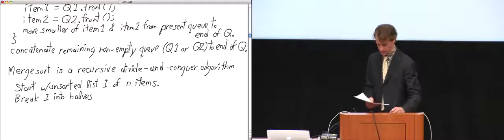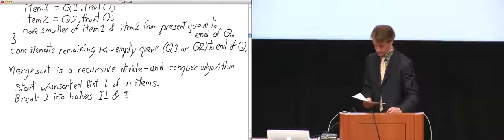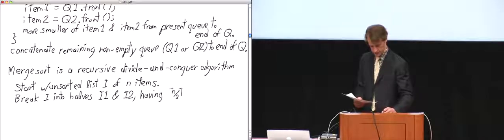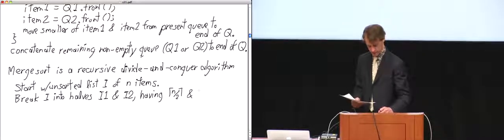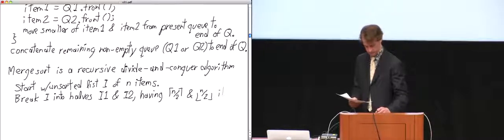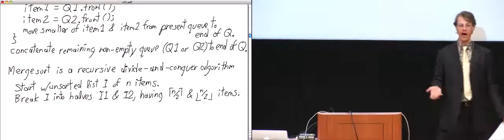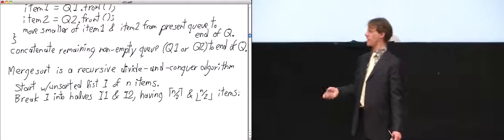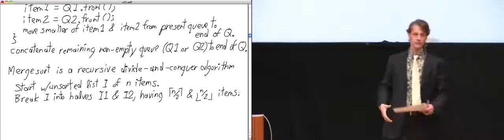We're just going to take the first half of the items and call them I1. We'll take the second half of the items and call them I2. So each list has about n over 2 numbers. If you want to be precise, the first list will have n over 2 ceiling numbers, and the second list will have n over 2 floor numbers to sort. So if n is odd, obviously you can't divide it into 2 exactly equal piles, but you get as close as possible.